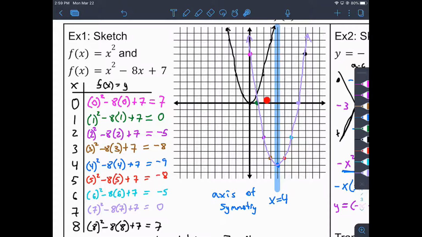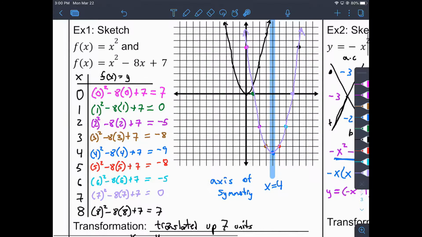They are both 1, 2, 3 units away from that axis of symmetry. In this case, they're both 3 units away. So there is one little clue about how to find the vertex. It will be halfway between where it intercepts the graph.